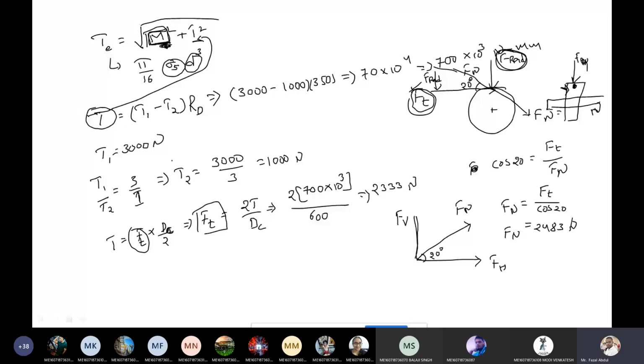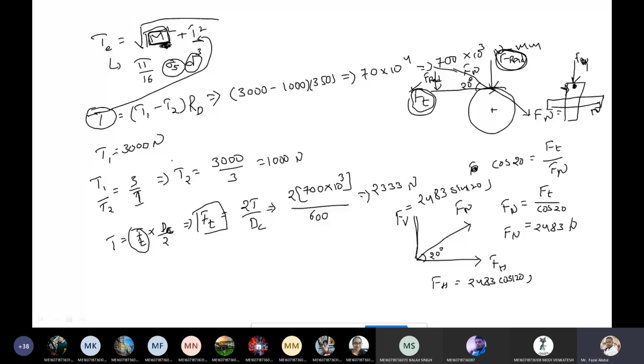So what is the equation now? What is the horizontal force? Horizontal force equals 2483 cos 20. What is the vertical? 2483 sin 20.